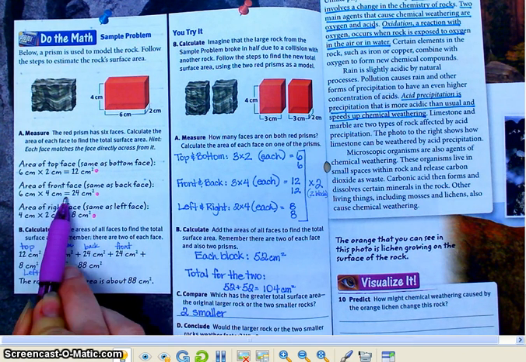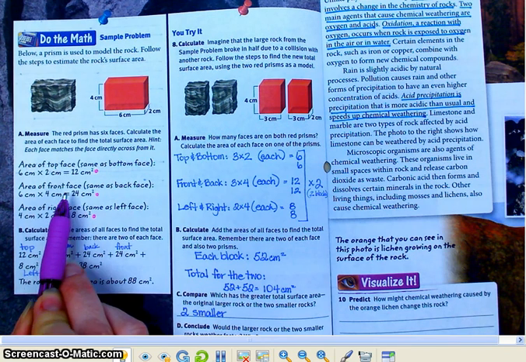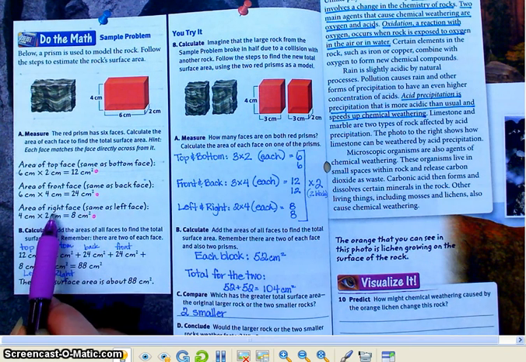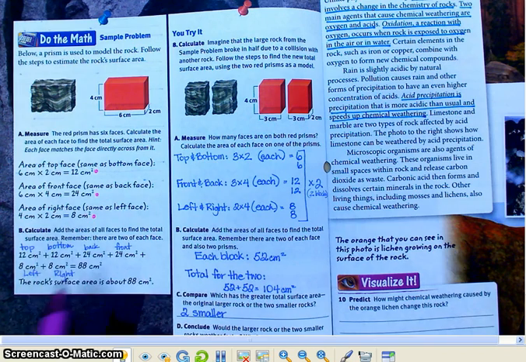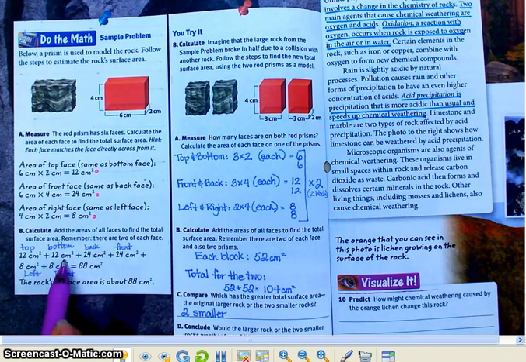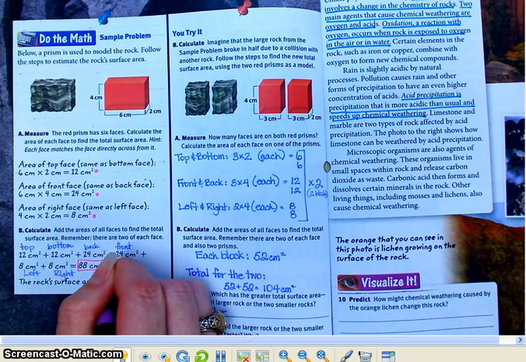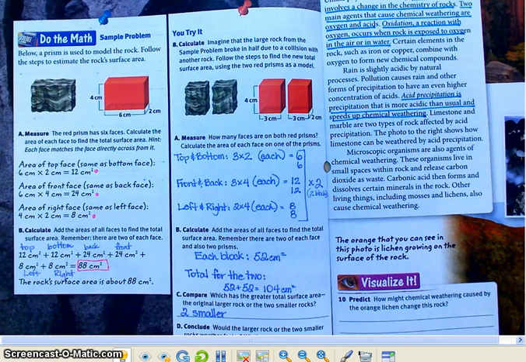You have 2 of these because one of them's the front and one of them's the back. And you have 2 of these because one of them's the right face and one of them's the left face. So when you add all of that up, top plus bottom plus back plus front plus left plus right, you get 88 square centimeters for your surface area.